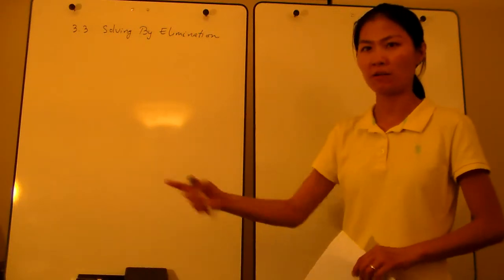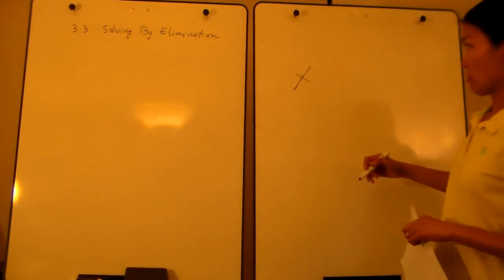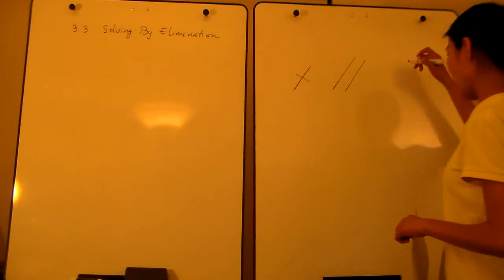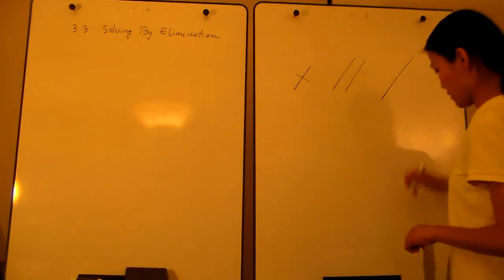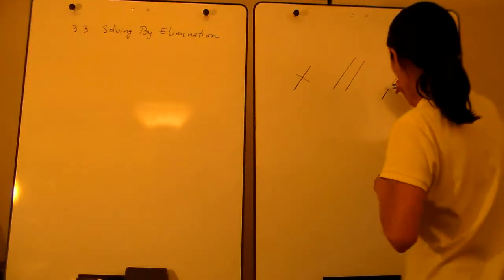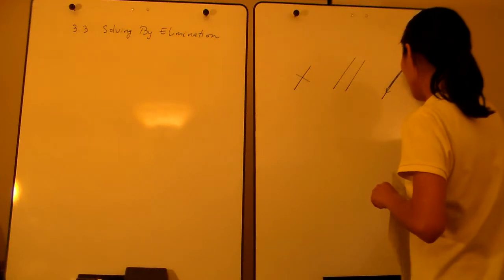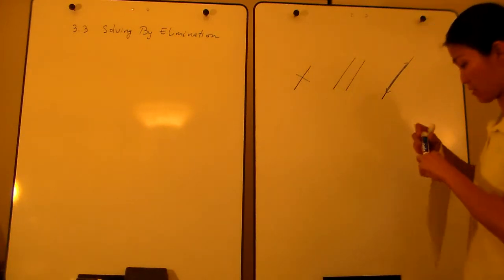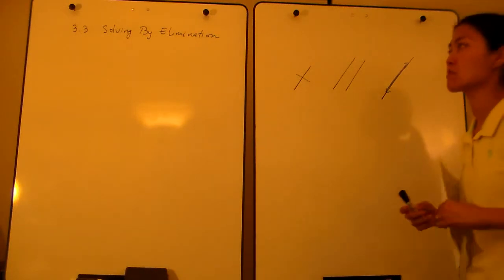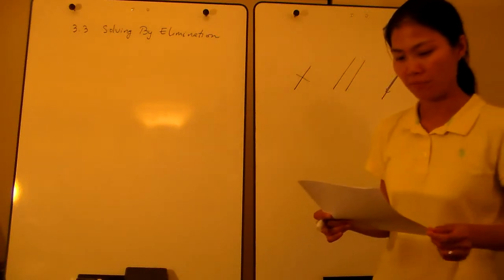The solution can be the ordered pair where both lines intersect, or when both lines are parallel, or when both lines overlap. Basically they are the same line. It's very similar, just using different methods to solve a system of two equations with two variables.